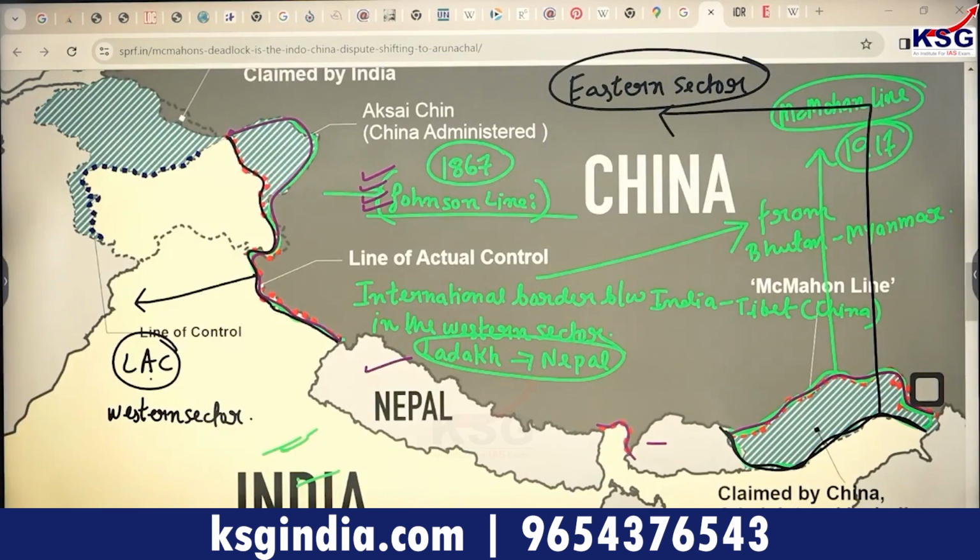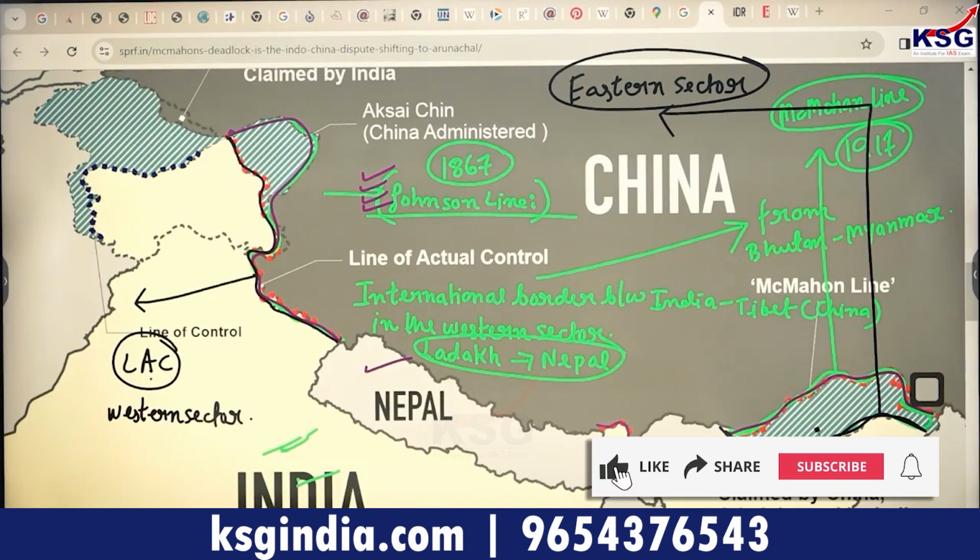And when the Chinese came into power and they acquired Tibet, they said that the parts of Tibet which were acquired by the Britishers under the Johnson line and the McMahon line have to be taken back by the Chinese. And Chinese said that the real India-China border must not stand at McMahon Line and Johnson Line, but it must stand at what is known as the line of actual control, LAC.